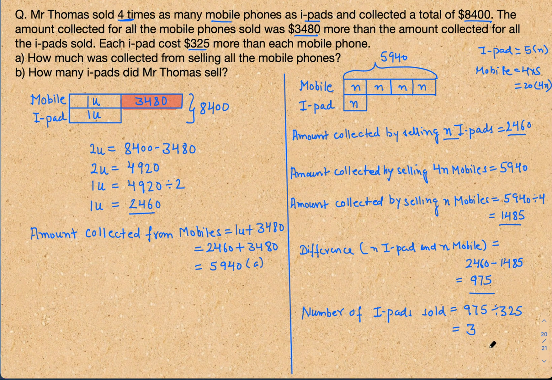So that's the solution of part B. Let's write our final answer quickly. For part A, the amount collected from selling the mobile phones was $5,940, and for part B, Mr. Thomas sold 3 iPads. So that's the solution of this question.